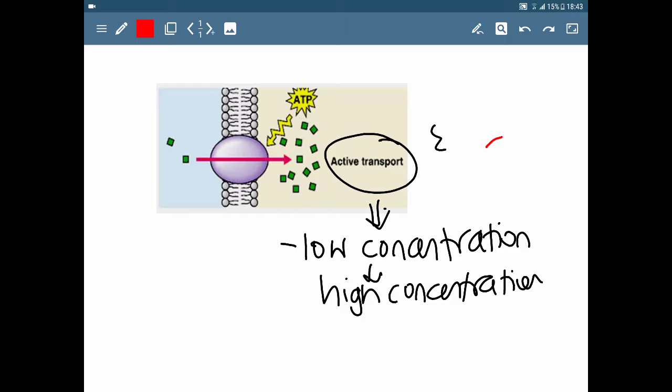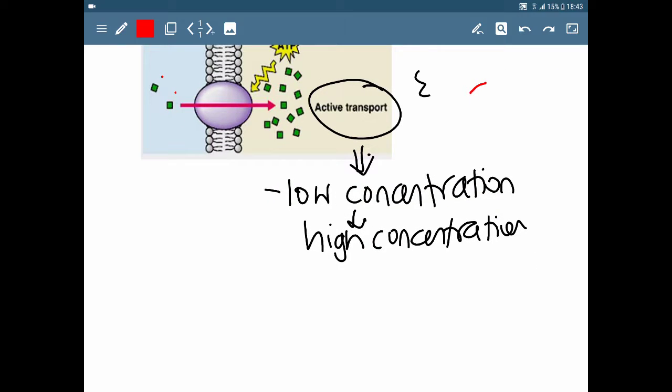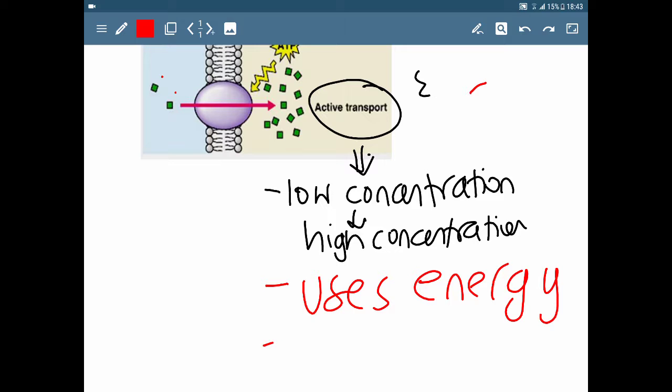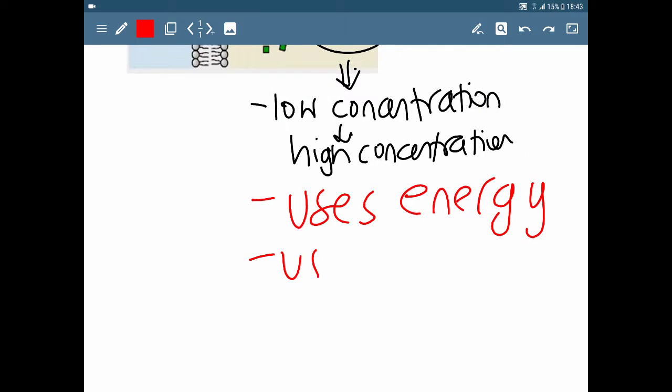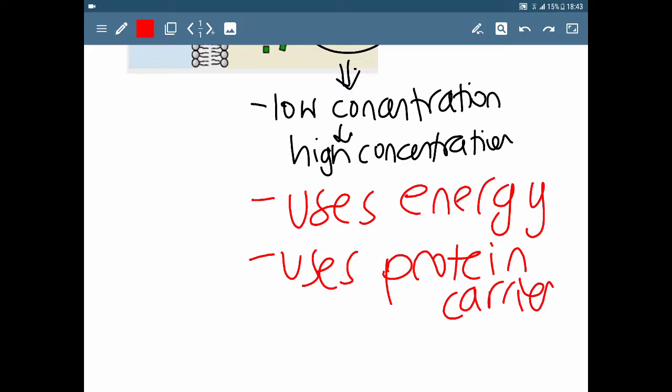So if there are fewer substances or particles over here, they're going to move over here. And it uses energy. It uses protein carriers, and it uses energy from respiration.